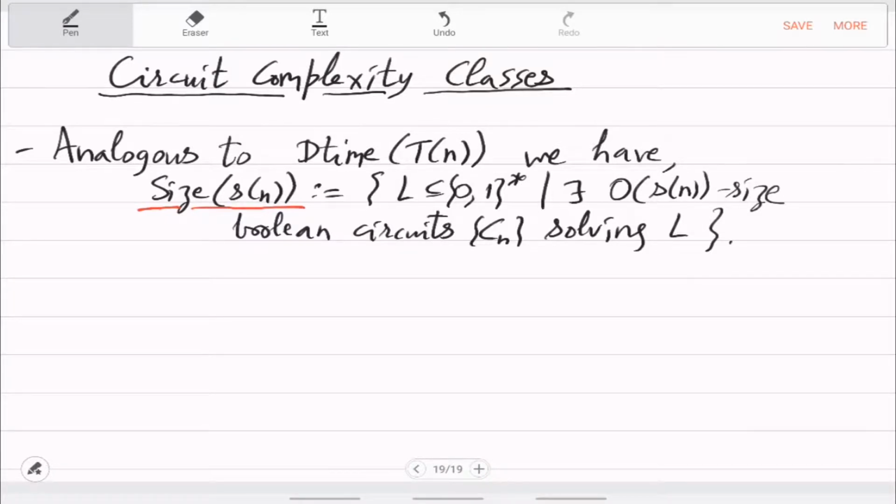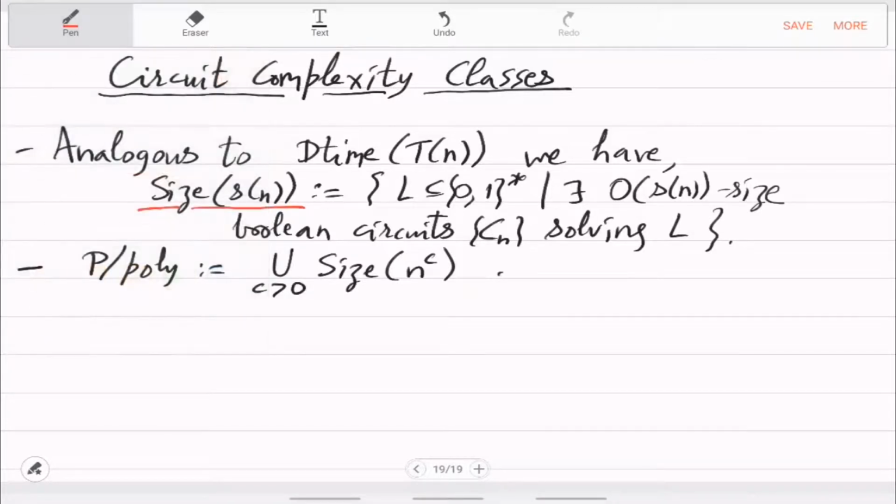And now you can define the analog of P here, which is P/poly. So all polynomial sizes are allowed. There you had P in Turing machines. Here in Boolean circuits you have P/poly, which is all the problems which can be solved in Boolean circuit size n to the c for some absolute constant c.